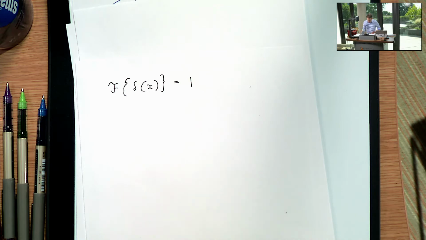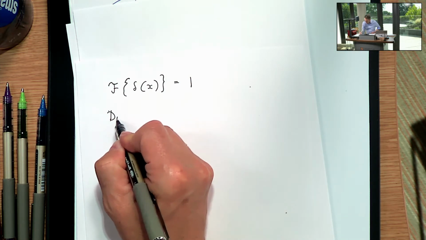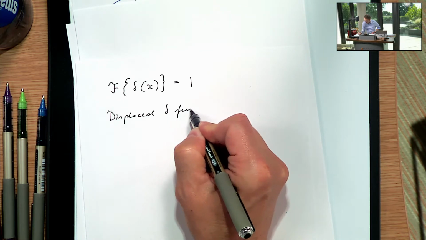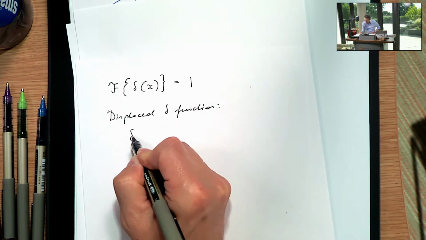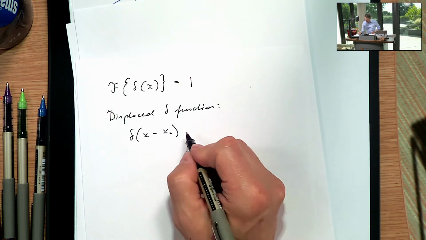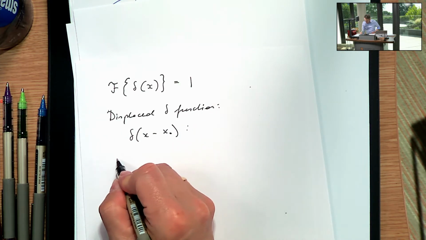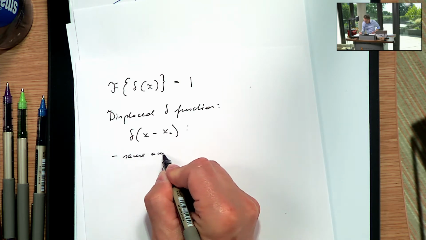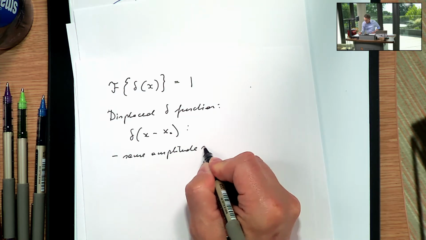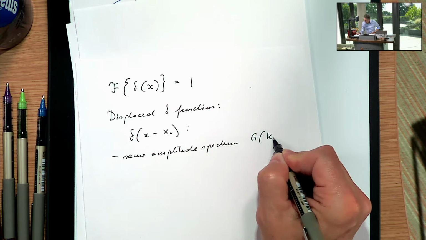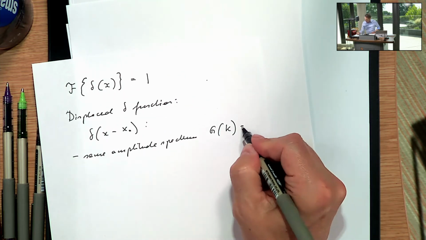And the displaced delta function, delta of x minus x0, has the same amplitude spectrum, g of k equals 1.